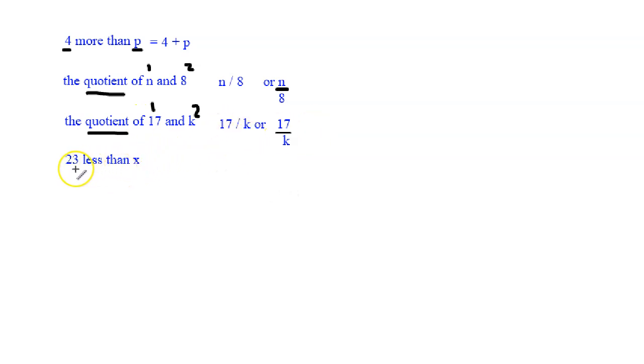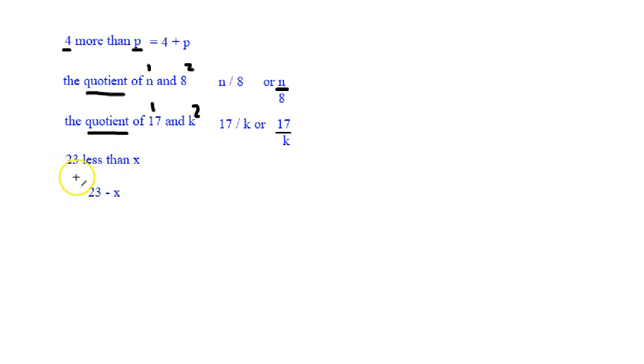All right, now the next part's 23 less than x. So 23 less than x, you're probably sitting there going, oh, that will be 23 minus x. And if you notice, I went ahead and typed 23 so that's crazy. So 23 less than x, that makes sense.